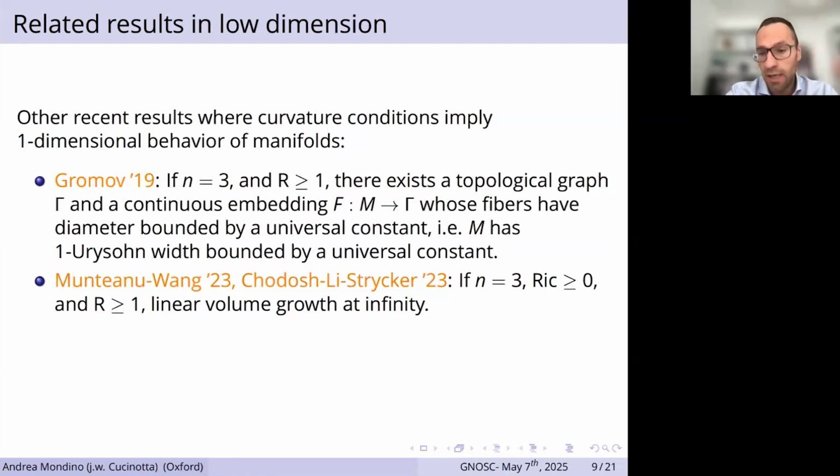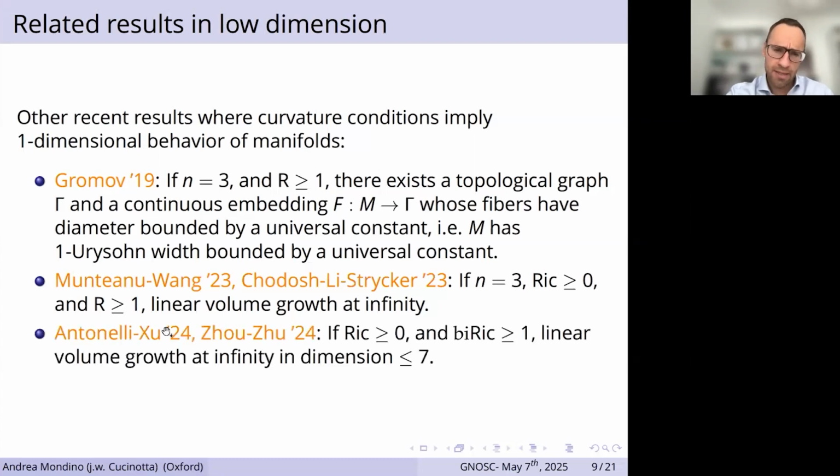And the conjecture is that one should have this n minus 2 volume growth for any dimension if Ricci is non-negative and scalar is positive. Then there is some more recent research by Antonelli and Xu and Zhou of last year, who proved that if the Ricci is non-negative and the bi-Ricci is bigger or equal than 1, then one has linear volume growth at infinity if the dimension is at most 7.